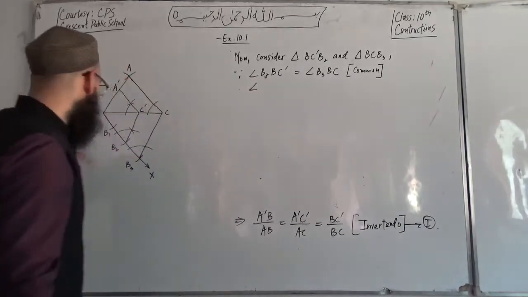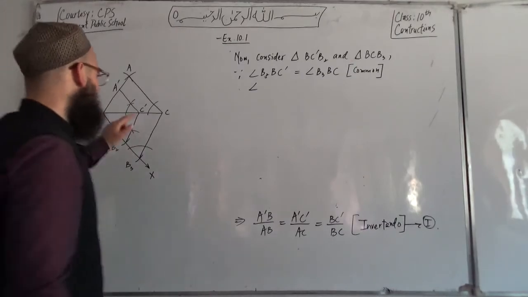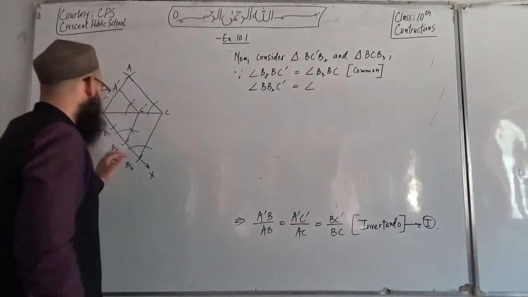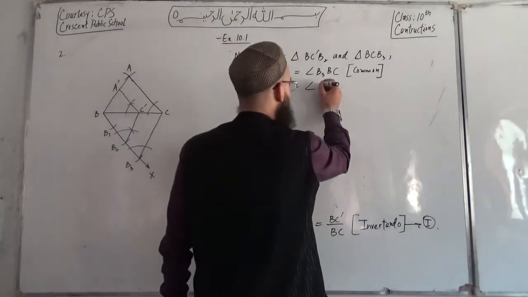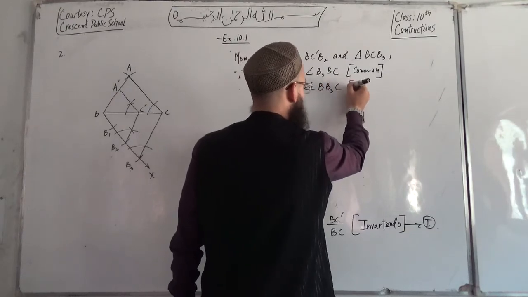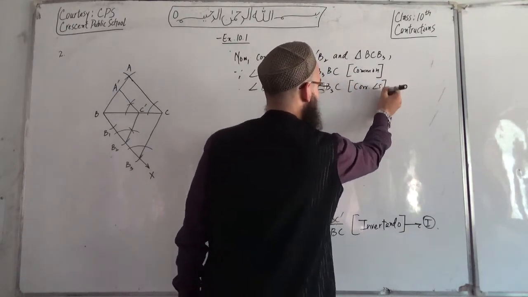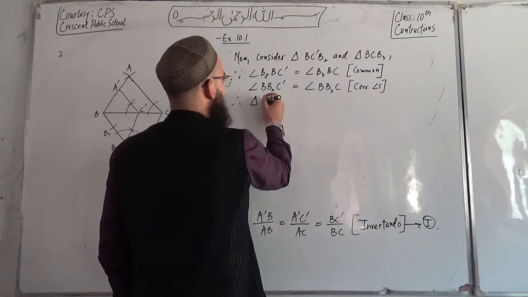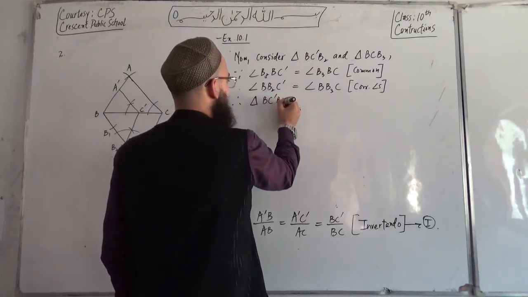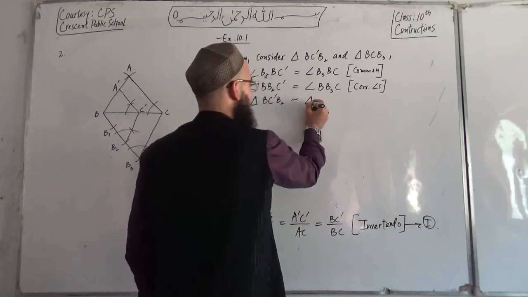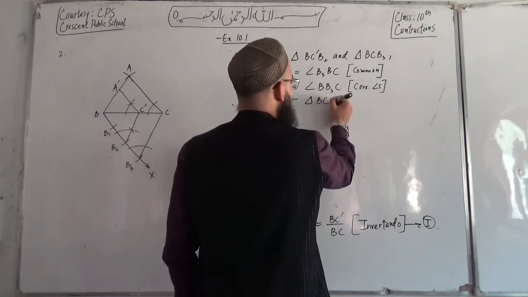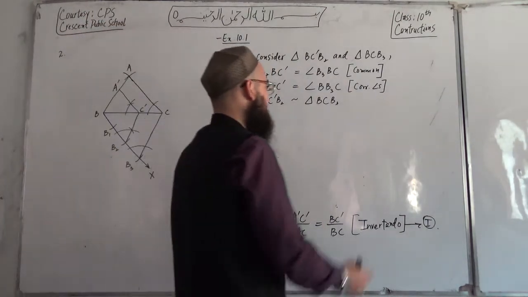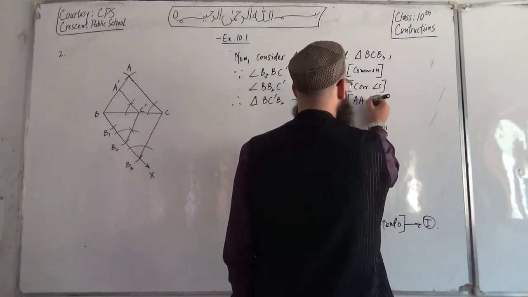Number 2, angle BB2C dash is equal to angle BB3C. Yes, corresponding angles. Therefore, triangle BC dash B2 is similar to triangle BCB3 by angle-angle similarity criterion.